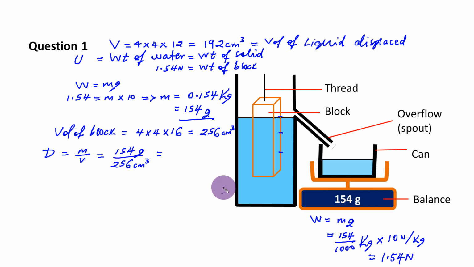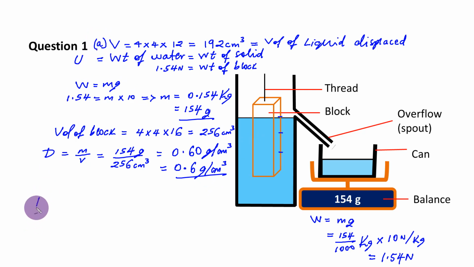This should give me 0.60 grams per centimeters cubed. And to 1 decimal point, I get 0.6 grams per centimeters cubed. That will be the density of the block, or the density of the material which makes up the block. So that is part A.